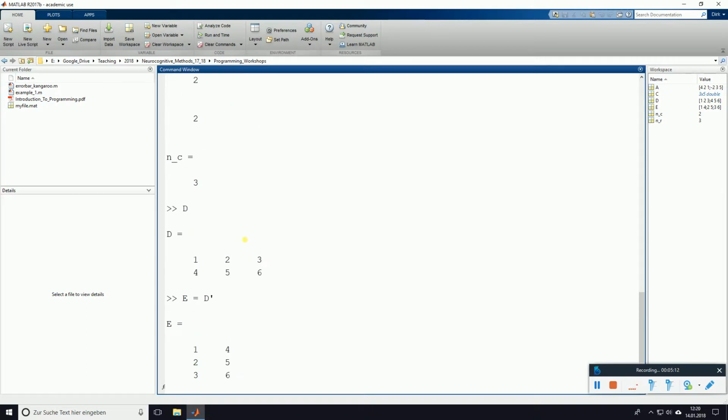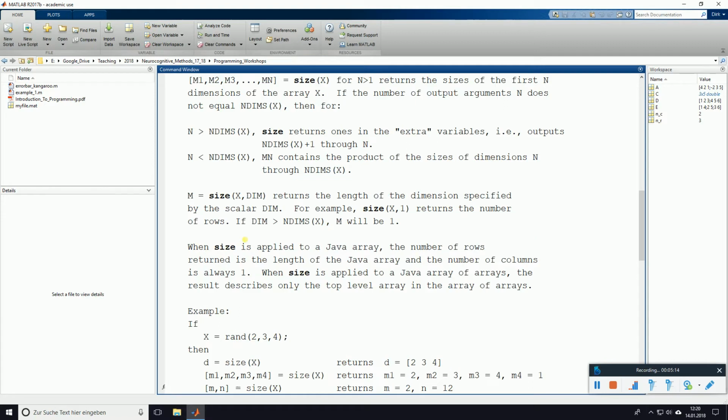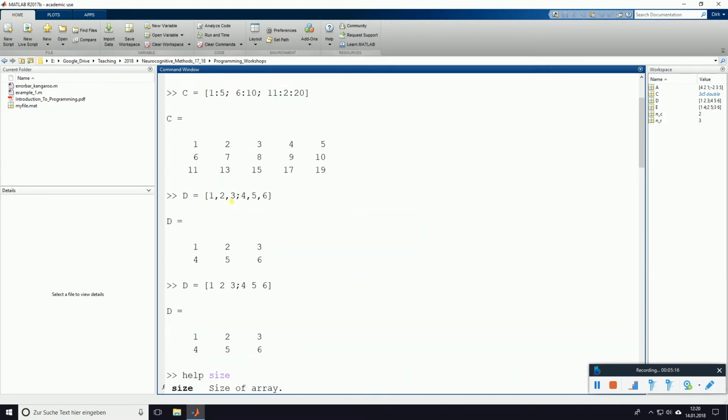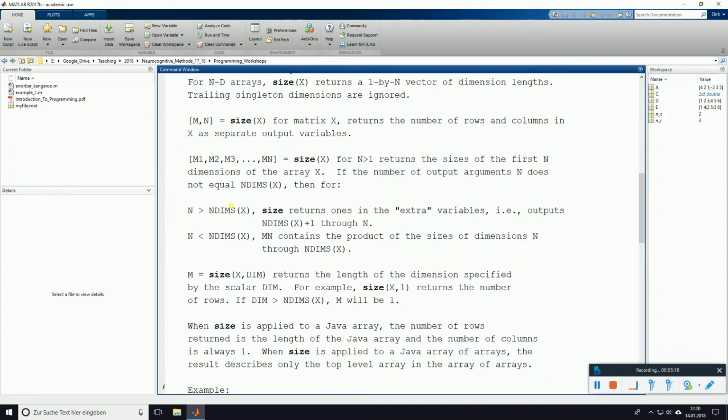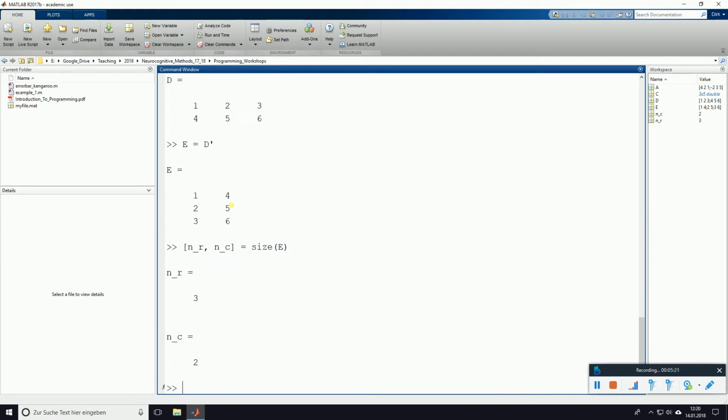So we've created matrices previously by directly specifying their elements or directly specifying the whole matrix. There are a number of useful commands in MATLAB that one can use to create specific matrices. So, for example, one can create a matrix of ones with the command ones. And here one always needs to specify the number of rows and the number of columns.